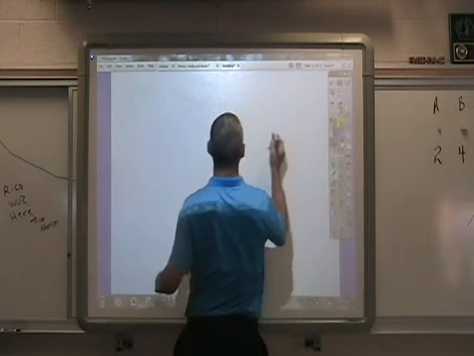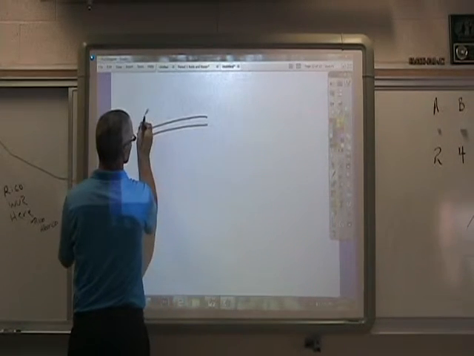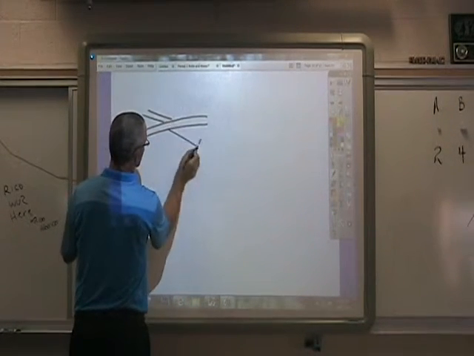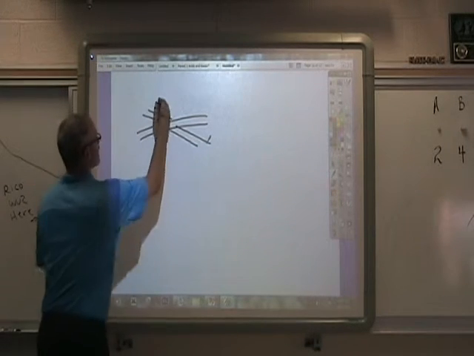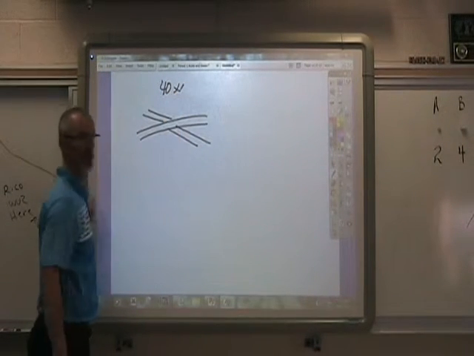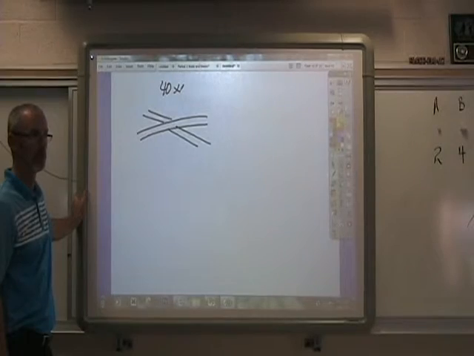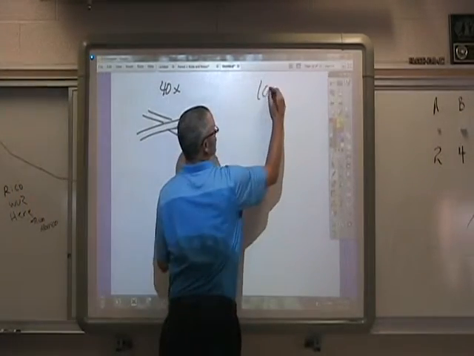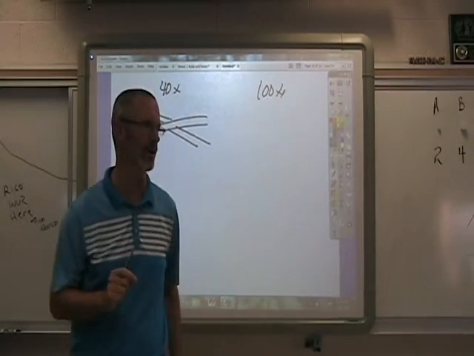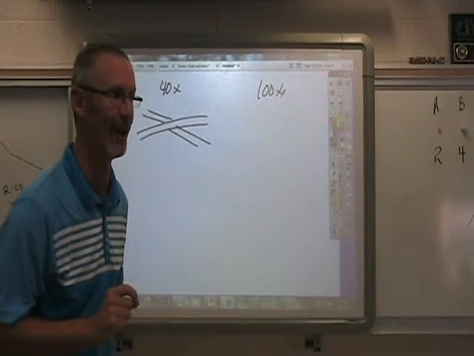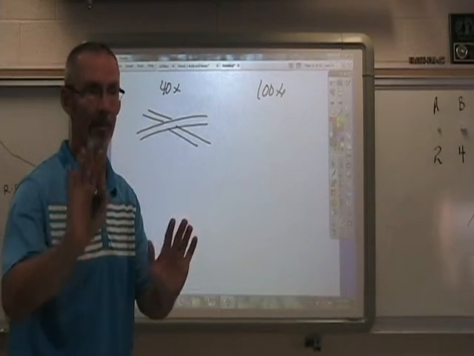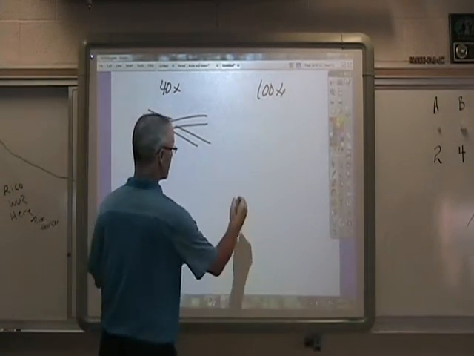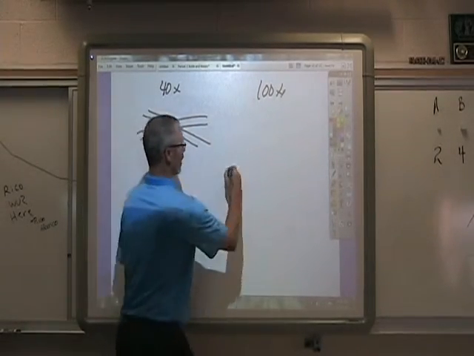So if I put those two cross threads on here like this, like that, on 40x, they're both in focus, right? But when I go to 100x, now did the threads themselves actually get bigger? No. The perspective, because you're looking through lenses, created a situation where now they're not threads, they're logs.